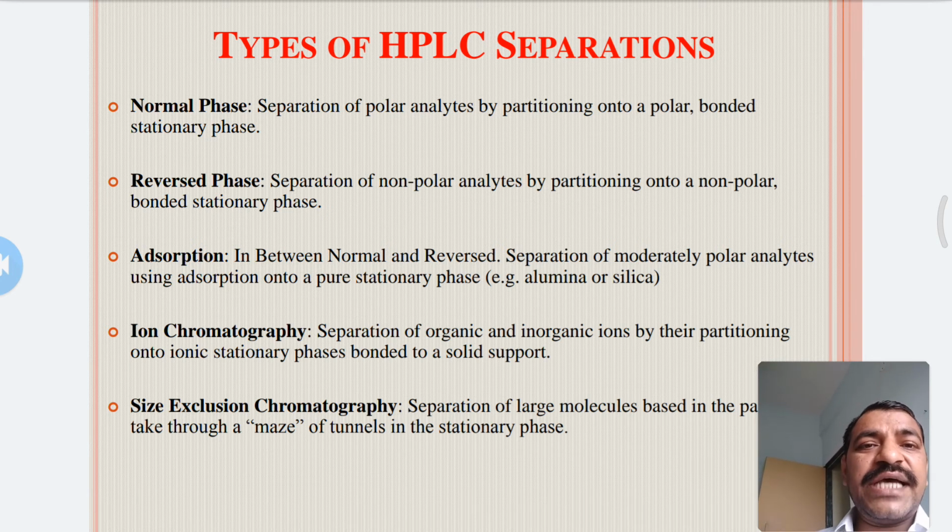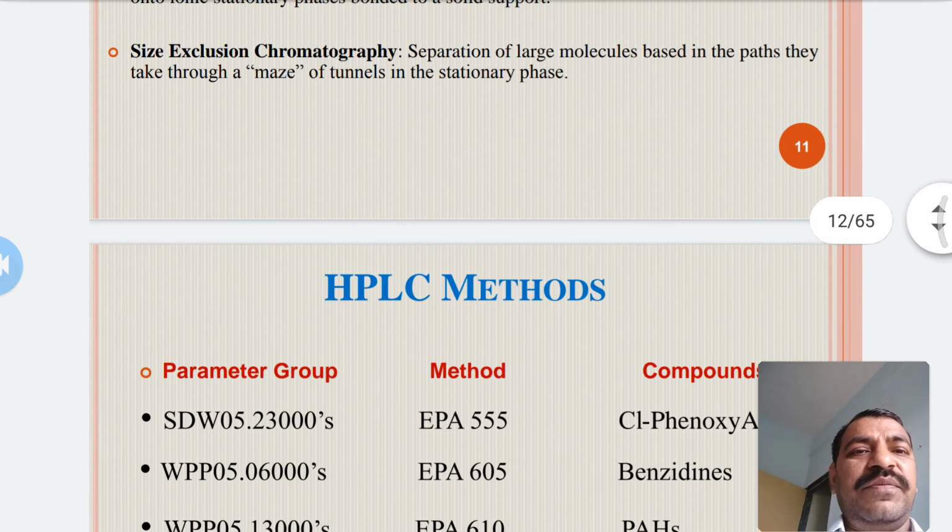In size exclusion, bigger or larger ions separate first, meaning their travelling time in the column is very low, so larger molecules come out first. So in size exclusion chromatography, we separate large molecular ions.